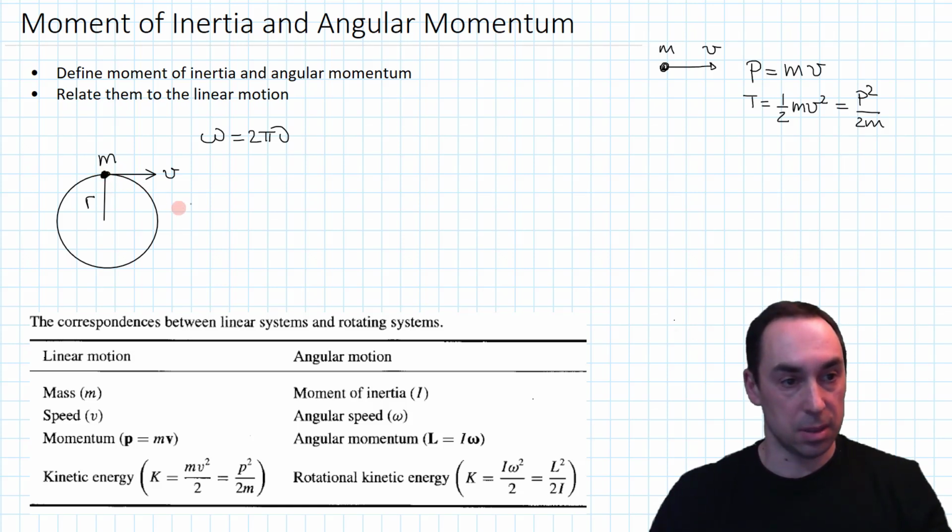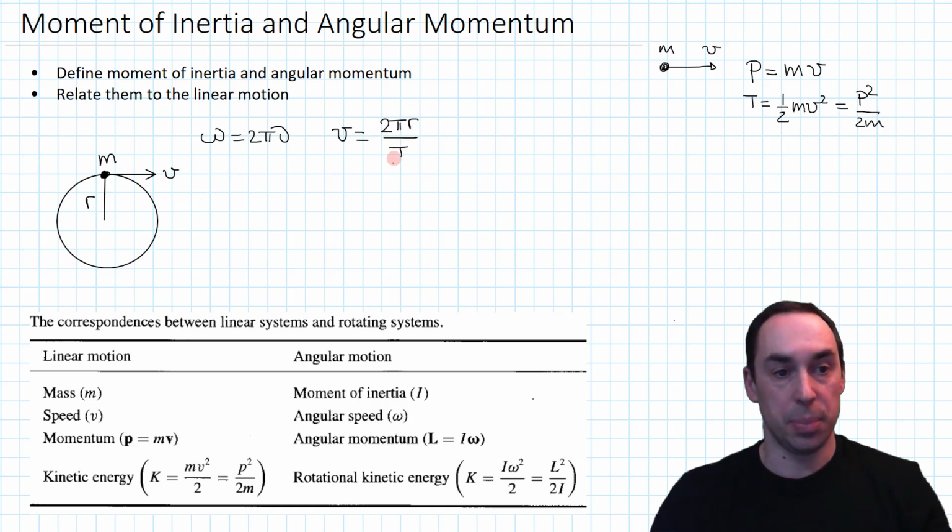It's just the distance that the particle covers over the time that it takes to cover that. So what is the distance? Well, the distance is 2 pi r, over the time. What's the time?